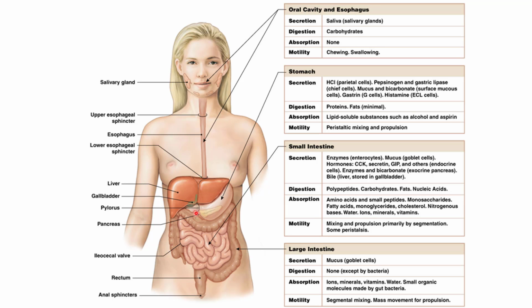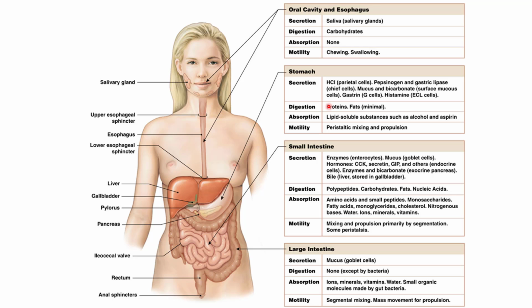Once we've swallowed, that food then enters the stomach, and here we start having lots of secretions. We'll have secretions in the form of gastric acid from the parietal cells. We'll have pepsinogen and gastric lipase that get secreted from chief cells in the stomach. Mucus and bicarbonate get secreted by surface mucosal cells.